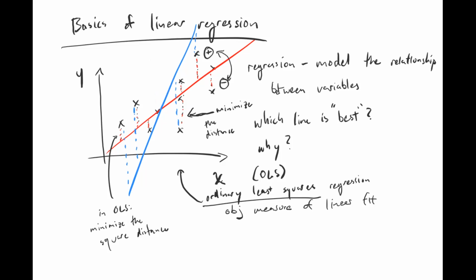So let's see. Okay, it is possible. It is actually possible to, instead of doing the square of those values, to actually take the absolute value. But the reason why it's done as a square as opposed to the absolute value has to do with computational reasons.